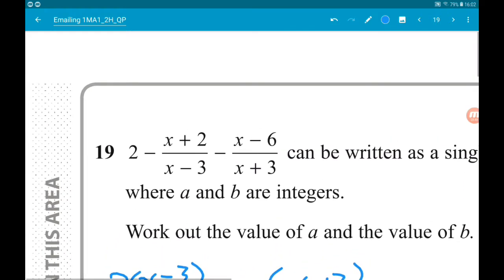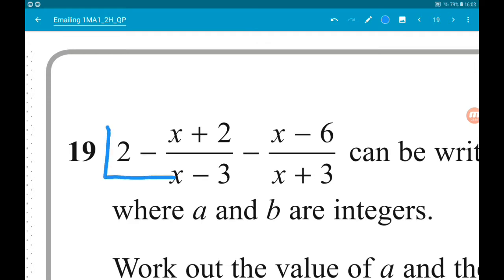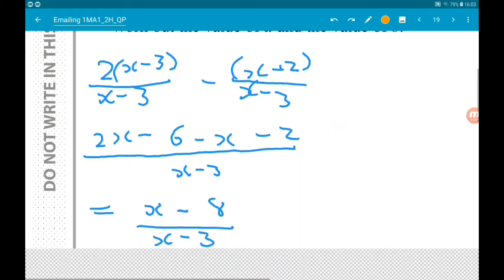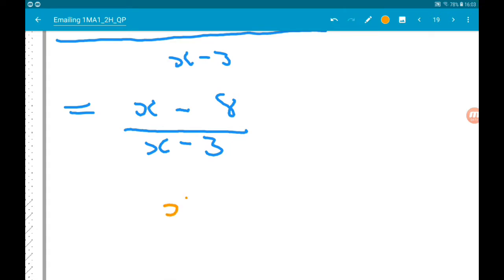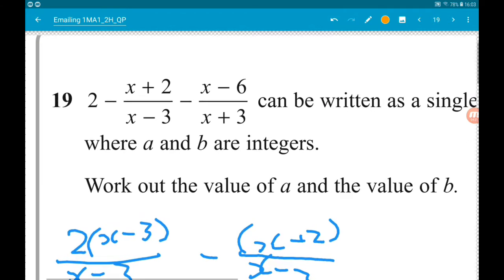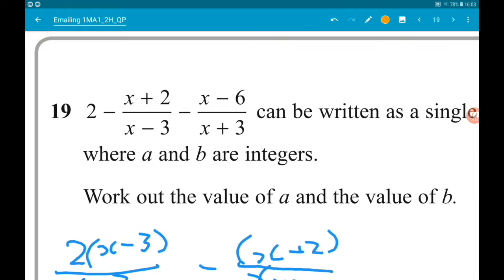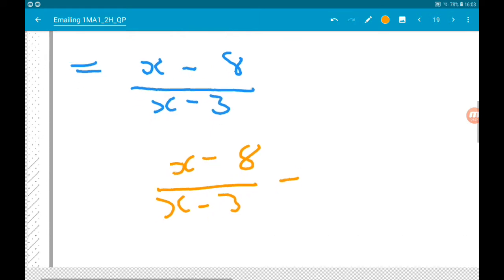So, what we now need to do is subtract x minus 6 over x add 3. So now we want to do x minus 8 over x minus 3 minus x minus 6 over x add 3.